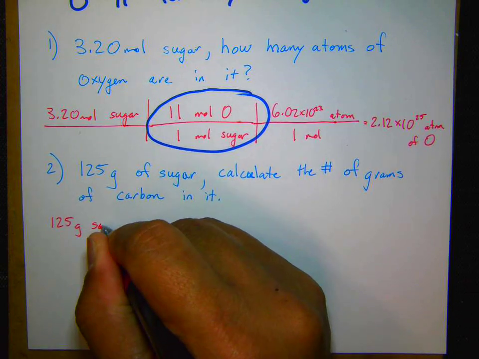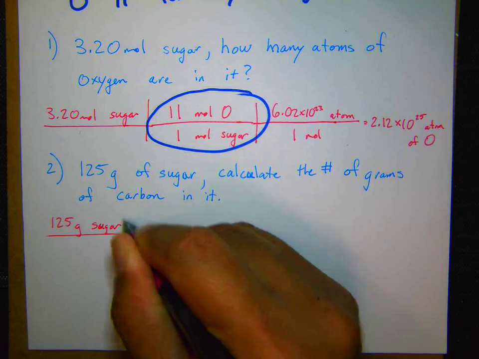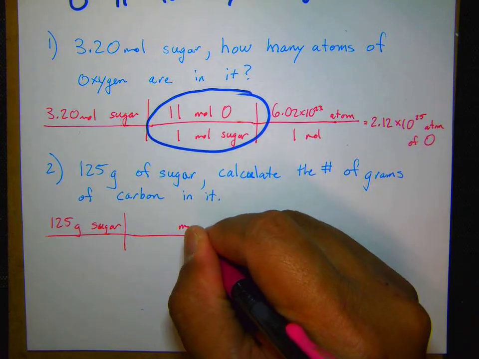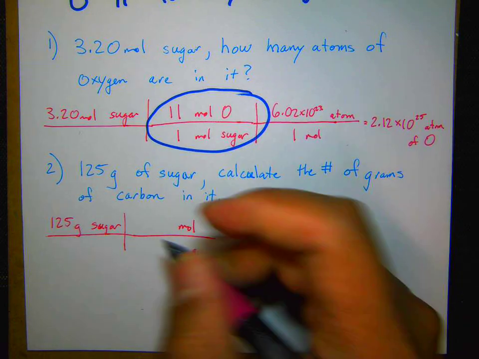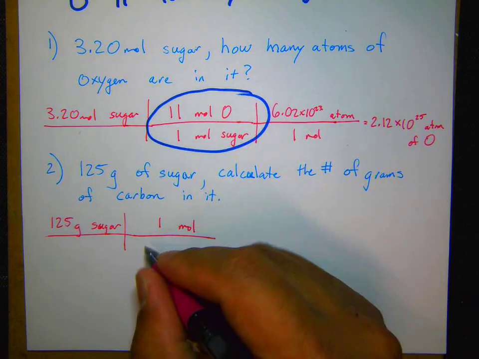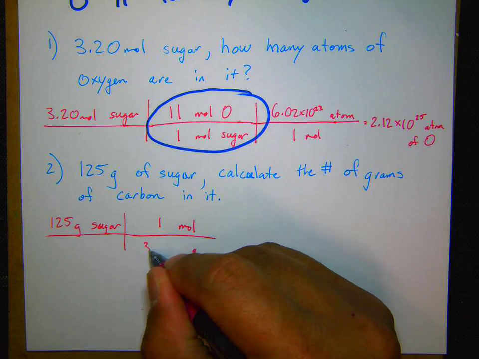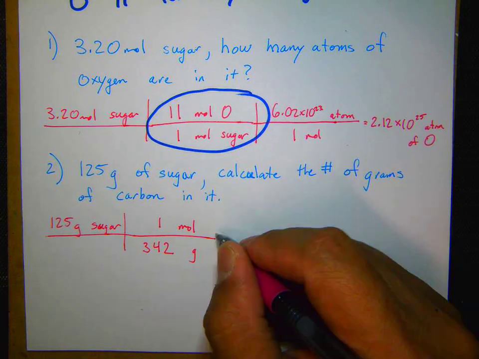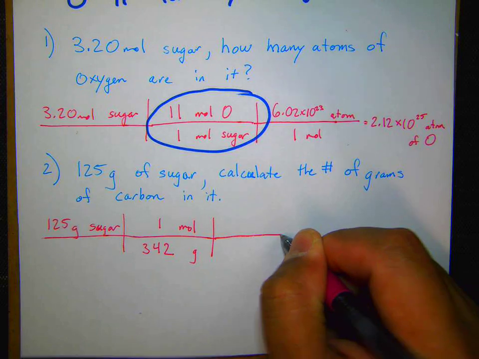Now this is of sugar. So we're going to change that from grams to moles. How many moles? 1. And grams, I've already calculated it out. It's going to be 342. There's 342 grams. That's the molar mass of C12H22O11. And now we've got moles. Okay?